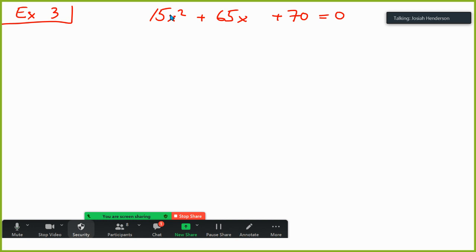It gives me 4.3. And nor can I divide 70 by 15. However, we can actually divide all these terms by a smaller number. I think we can divide everything by 5. So sometimes that will work, and then that'll help us clean up the problem, make it smaller. So let's start by dividing everything by 5.